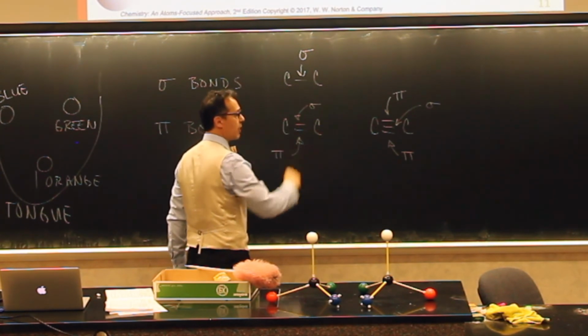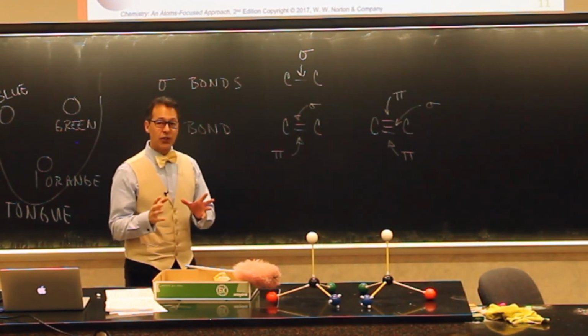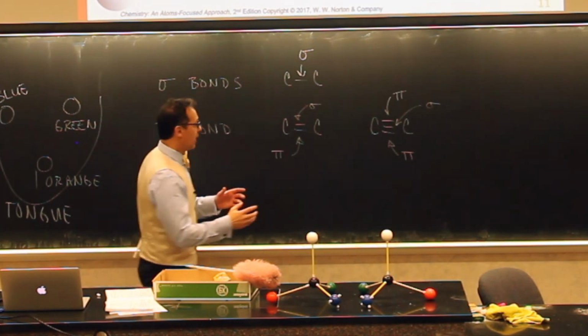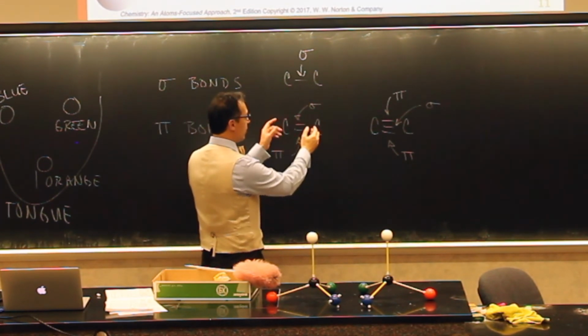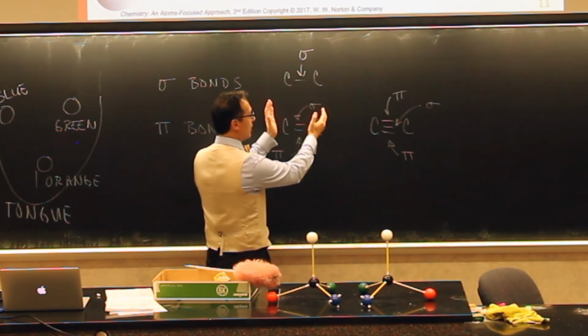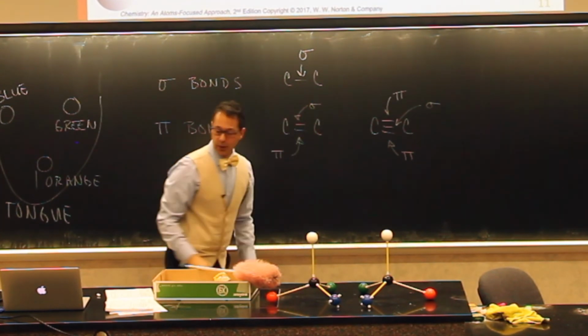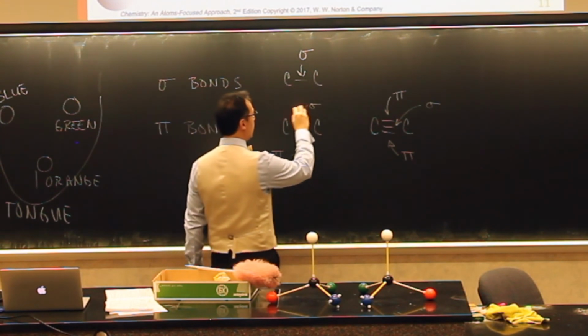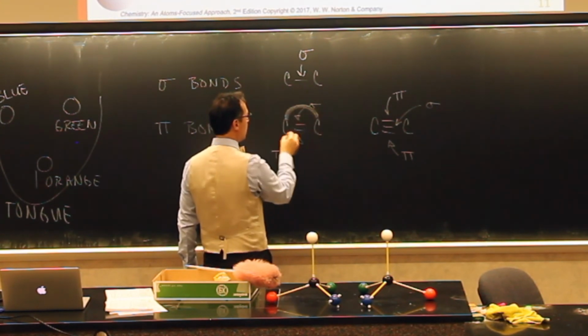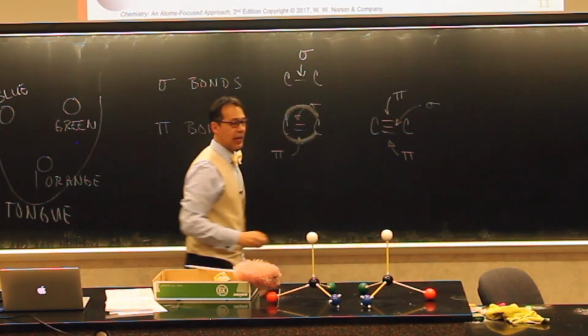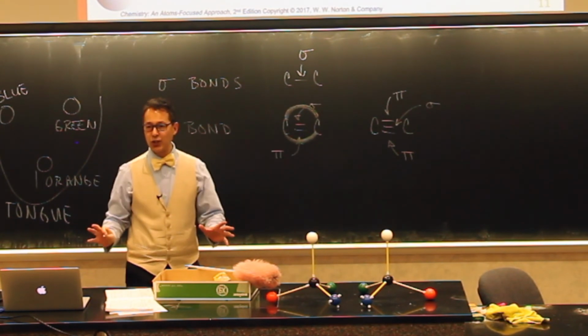This is where the sigma bond would be. The pi bonds are actually above and below. These are overlapping p orbitals, which, okay, it's gobbledygook, but the point is the pi bonds are up in this region of space here and here. Not that I would test you on that.